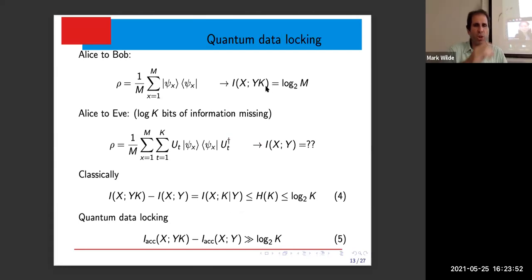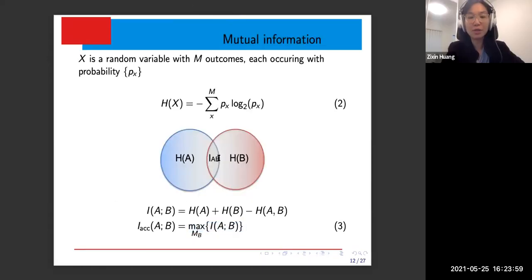There was a question regarding the accessible information as to what the maximization is over. It's maximized over all the possible measurements. So here, if you have an eavesdropper, and Alice is sending bits over the channel, then it's maximized over all the possible measurements that Eve can do, which we'll actually go into very shortly.